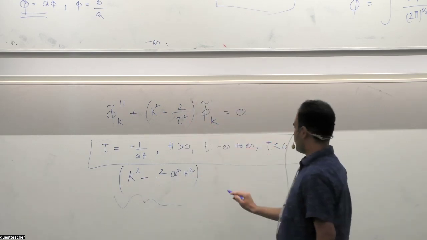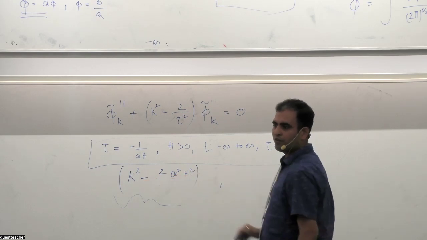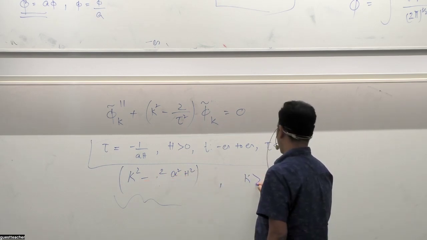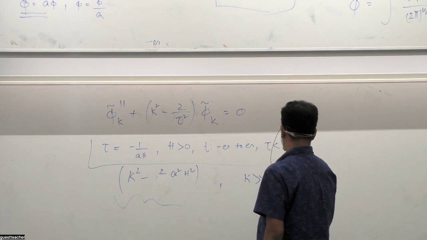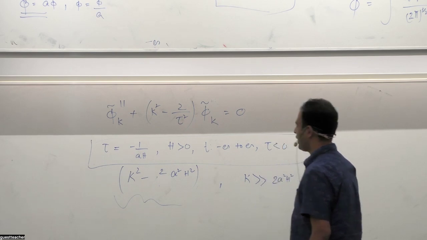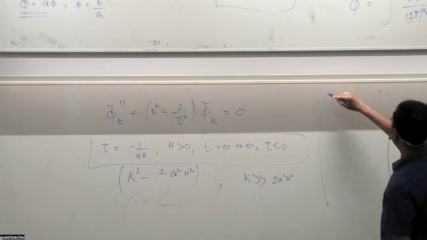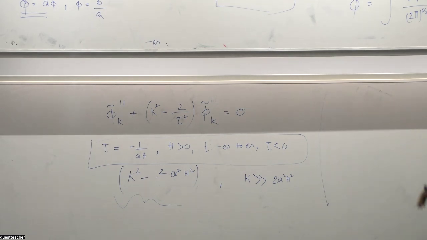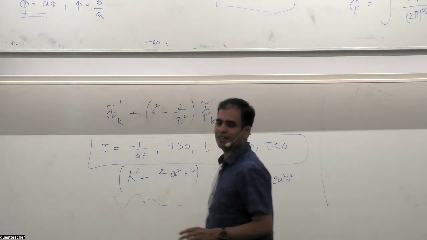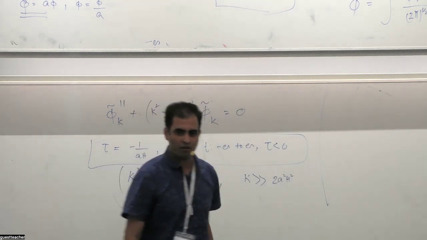Now let's ask about the regime when your comoving wave number k is much greater than 2a squared H squared. What does it mean? I already told you in this coordinate system, you have a particle horizon. Yesterday I used the word horizon, but to be precise, it is the particle horizon.